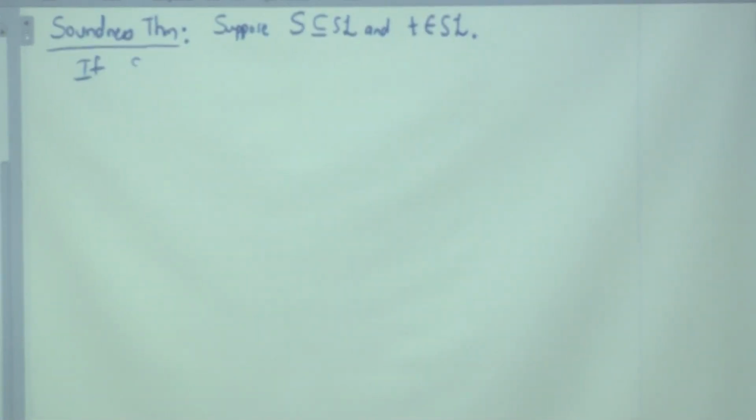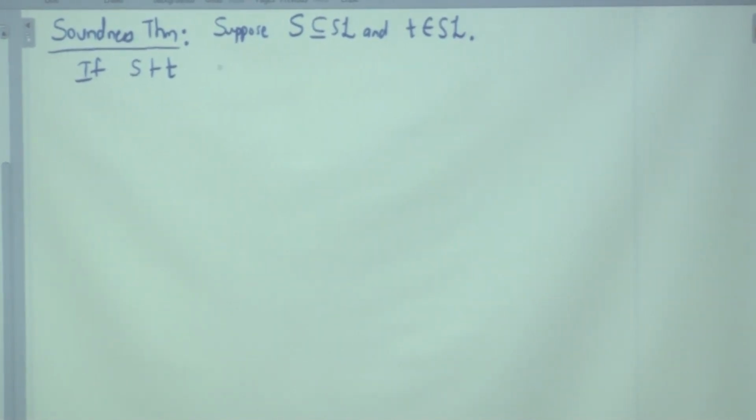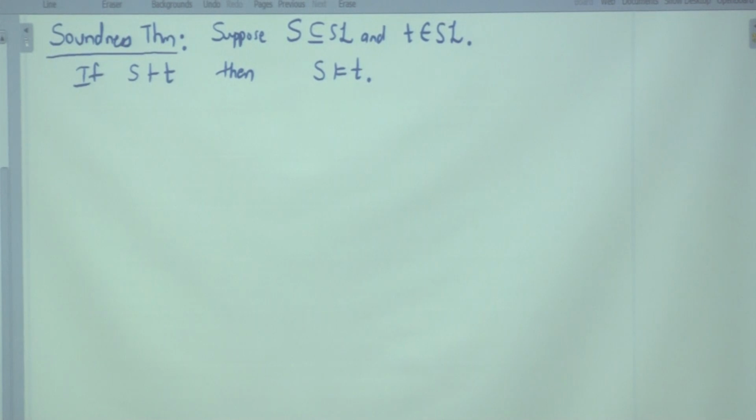If there is a proof of T from capital S, then T is a logical consequence. This is soundness. Single turnstile implies double turnstile.